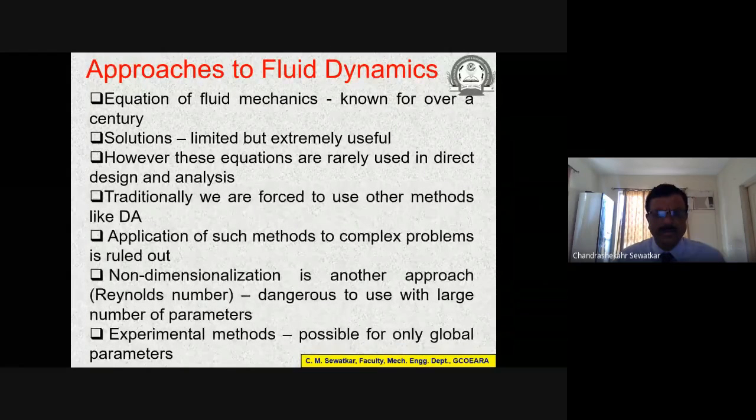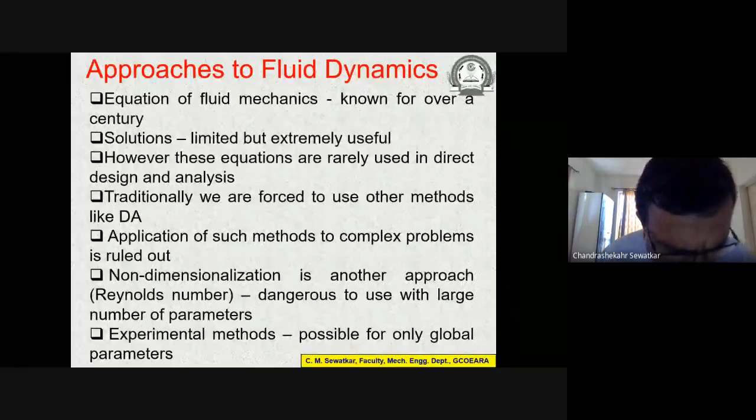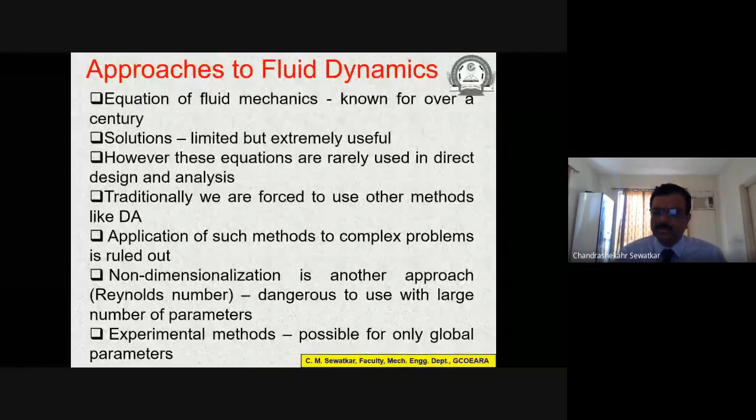Parameters like drag coefficient, lift coefficient, Nusselt number, skin friction coefficient, all these parameters are of engineering importance to us. And to determine these parameters, we need to know the velocity distribution, the pressure distribution, and the temperature distribution within a flow domain.